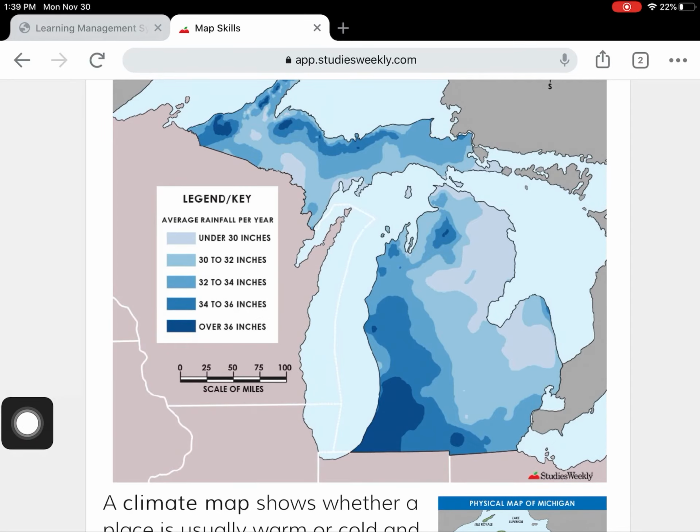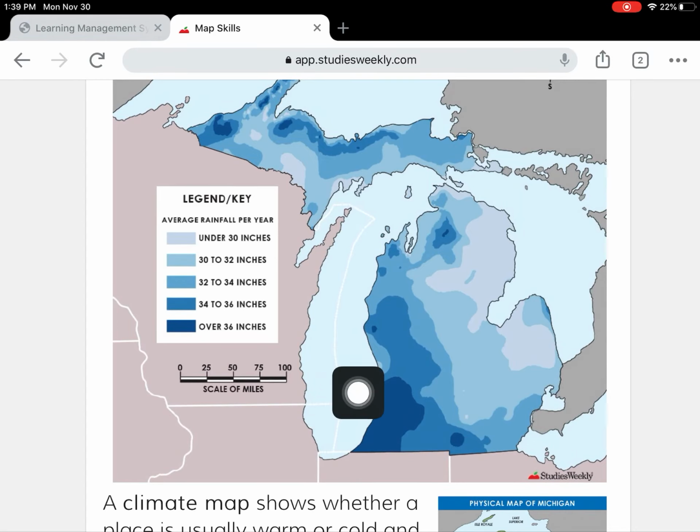Do you see a pattern looking at our lower peninsula right now? What do you notice? Well, if darker colors mean more rain, I'm noticing that this half of Michigan gets more rain than this half of Michigan.